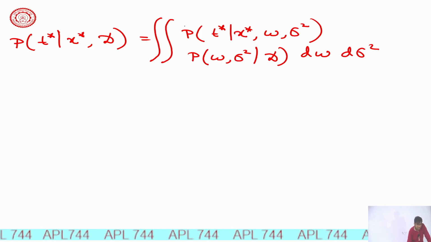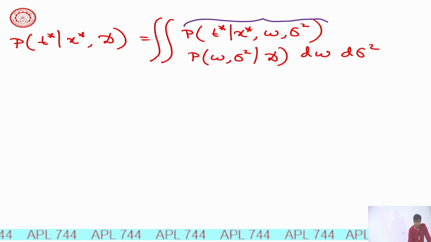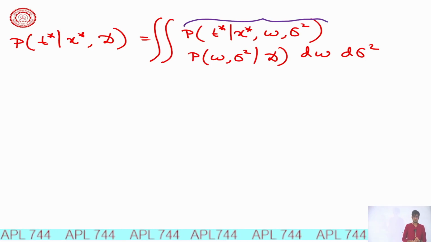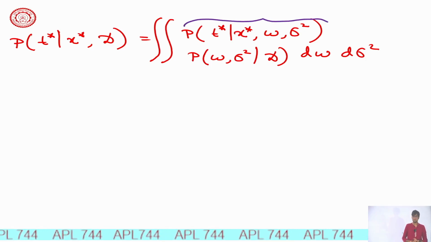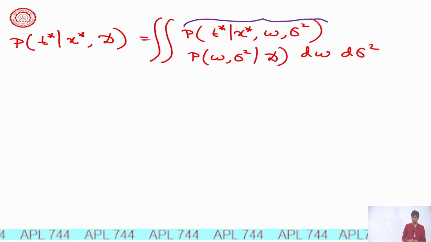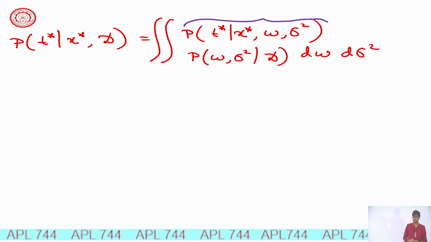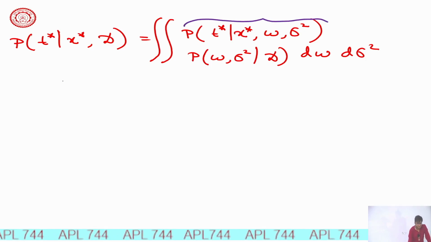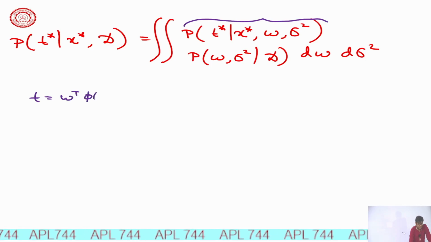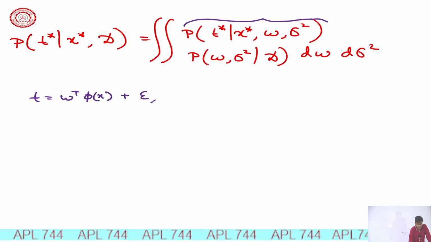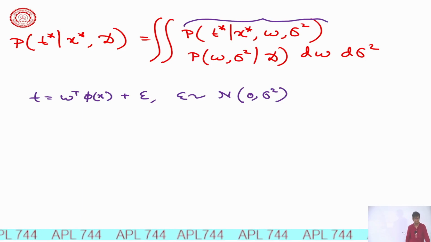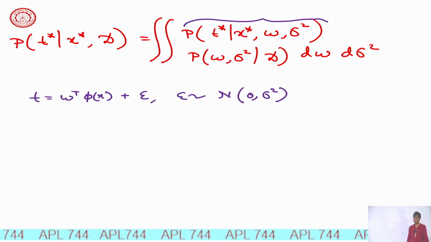Now tell me, what will this be equal to distribution wise? You know this. This is the likelihood. So what is the distribution of the likelihood? Let me help you a little bit. Remember, T is equal to W transpose phi x plus epsilon, where epsilon was from Gaussian 0 comma sigma square. So what will this distribution be?